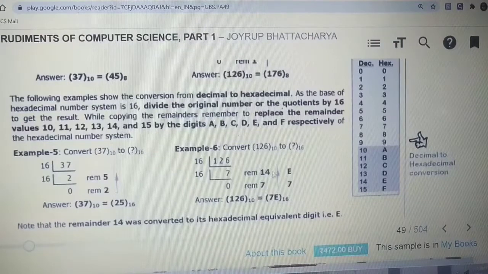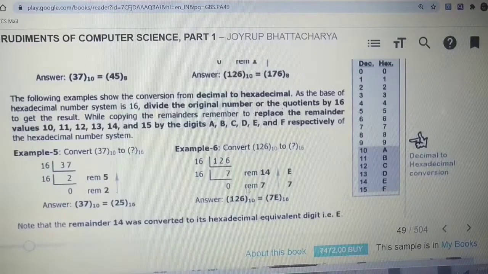We will not write 14 as the remainder, because we directly look up the decimal value 14 in hexadecimal, which means E. So directly we will write E instead of 14. Then the quotient is 7, and here 7 we have to divide by 16, so quotient is 0 and remainder is 7. 7 is represented in hexadecimal also as 7, so the answer is 7E. So in this way we can convert from decimal to other base values.